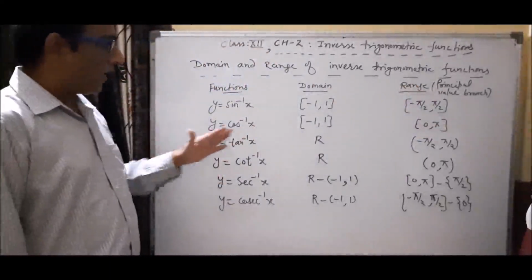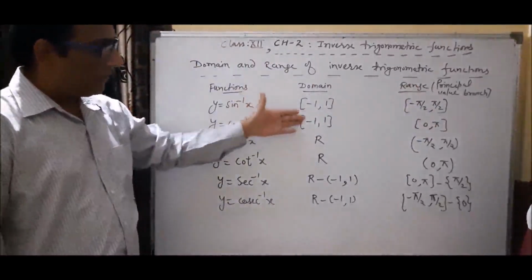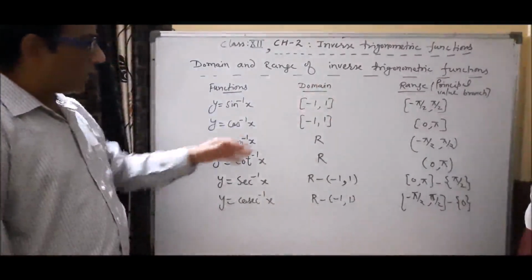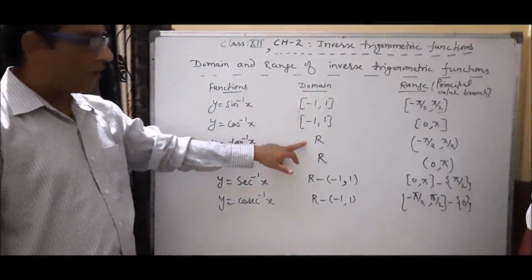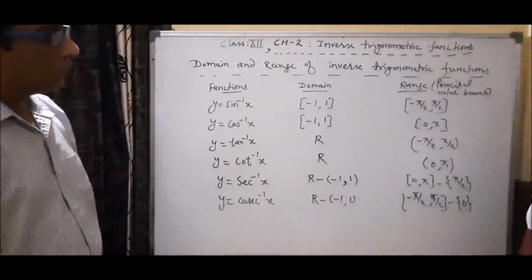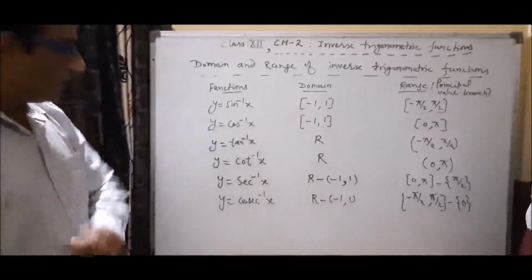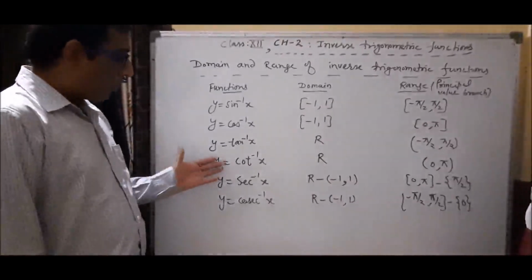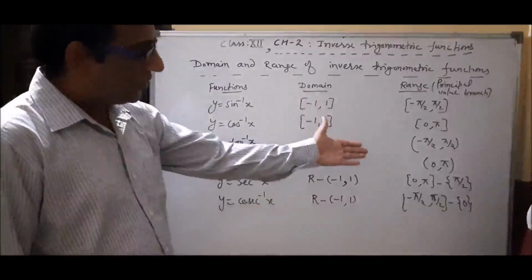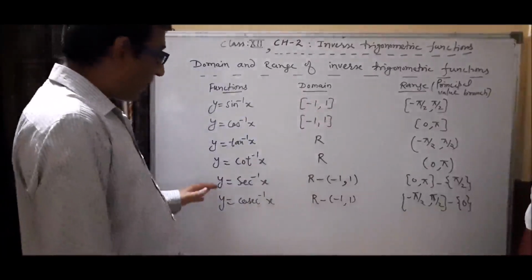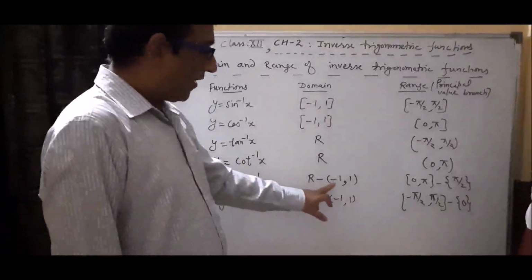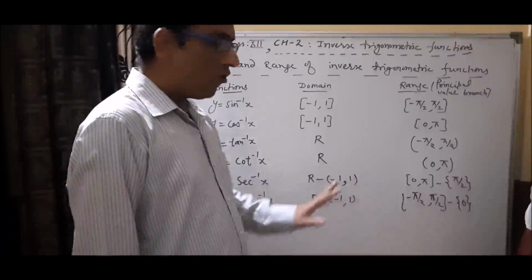For cos inverse x, again domain is the same and the range is 0 to π in closed interval. For tan inverse x, domain is the set of real numbers, whereas range is -π/2 to π/2 in open interval. For y equals cot inverse x, this time domain is R and the range is 0 to π in open interval, and for y equals sec inverse x, this time domain is R minus -1 to 1 in open interval.